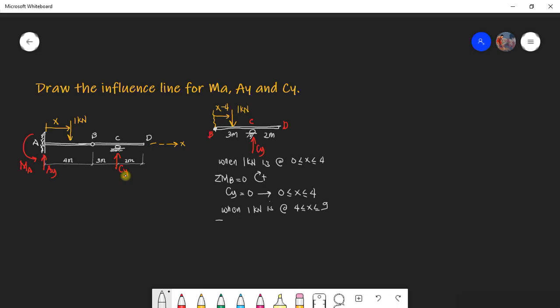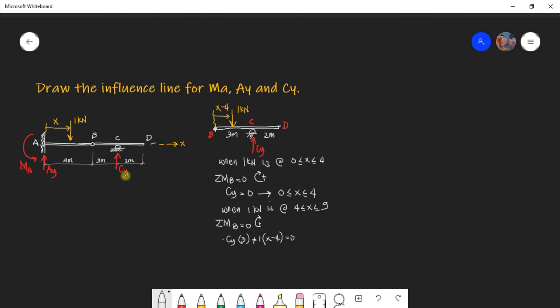So for CY, again, let's take moment at B equal to 0, clockwise positive. Negative CY times 3 plus 1 multiplied by the moment arm, which is X minus 4, equals 0.